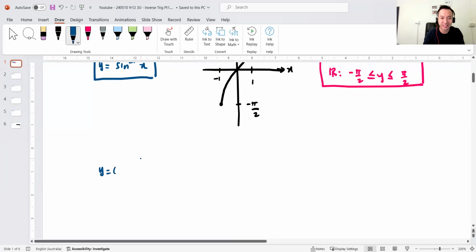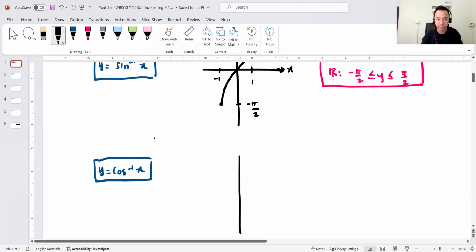Cos inverse is really exactly the same. But for those that know the cos graph normally, it starts with 1 and ends with -1, so we had to restrict the domain in a different way. The inverse graph is basically all positive, shifted up, and also reversed around.